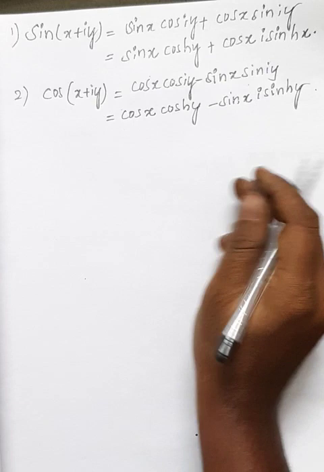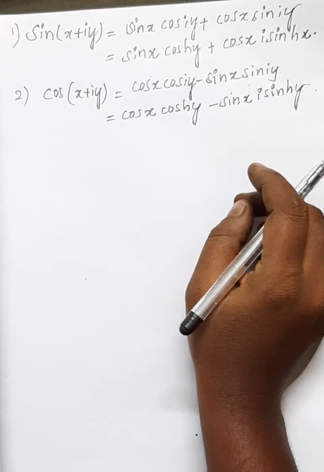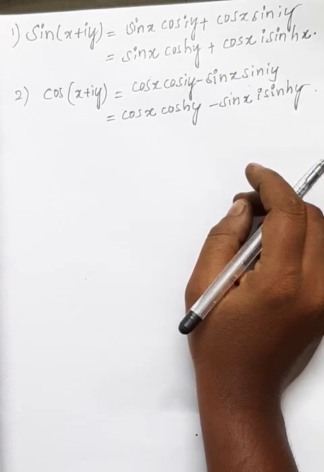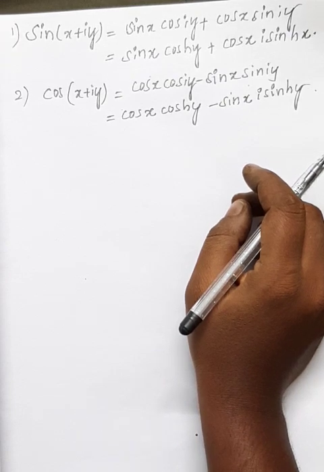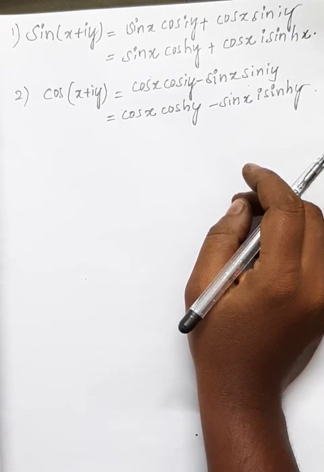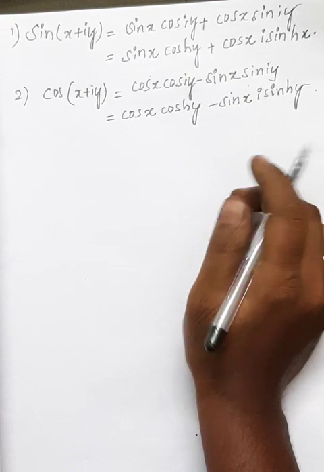So like this we can derive all four formulas for sin a plus b, sin a minus b, cos a plus b, cos a minus b by using the relation between hyperbolic and circular functions of a complex variable.